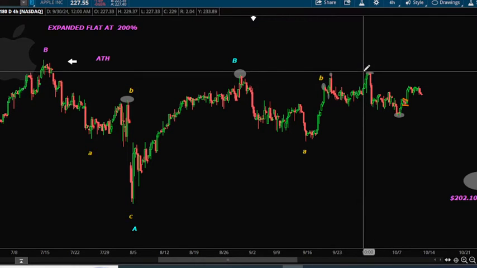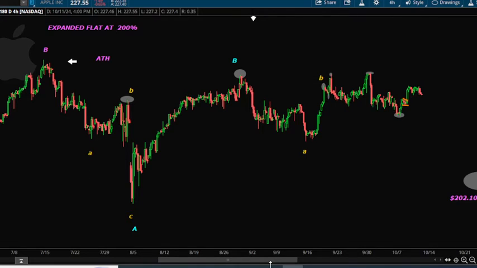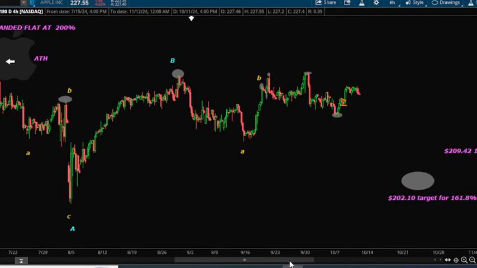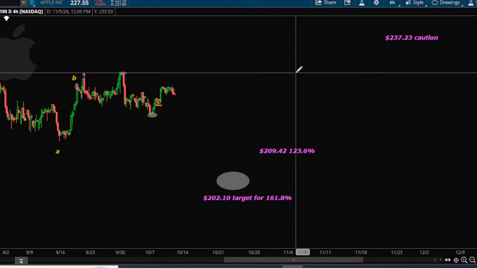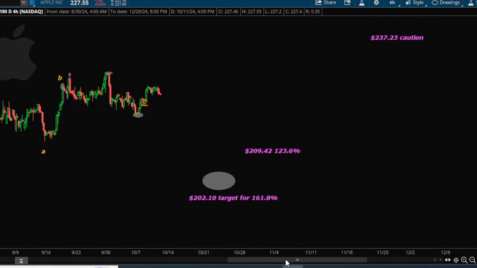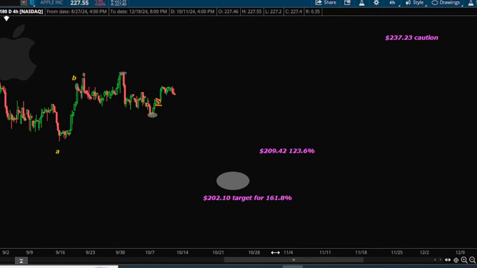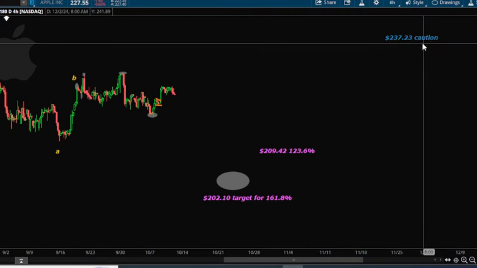Now, I wrote down a caution target, 237, it should be at 233 somewhere. Where's that at? I'll write it in again, I guess.